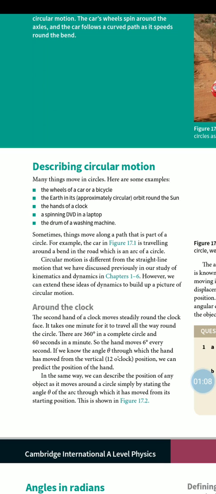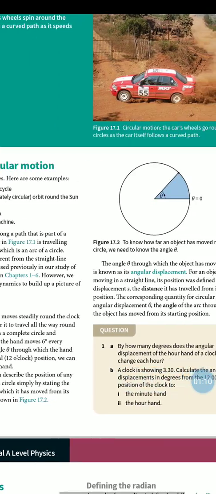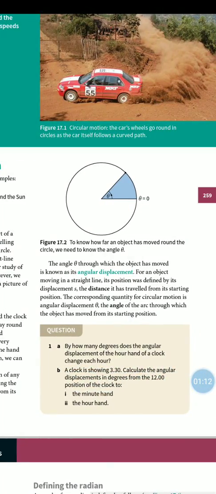Then we have to look at different aspects of circular motion, different from straight line motion. In straight line motion, we have two quantities that we can talk about, velocity and speed.